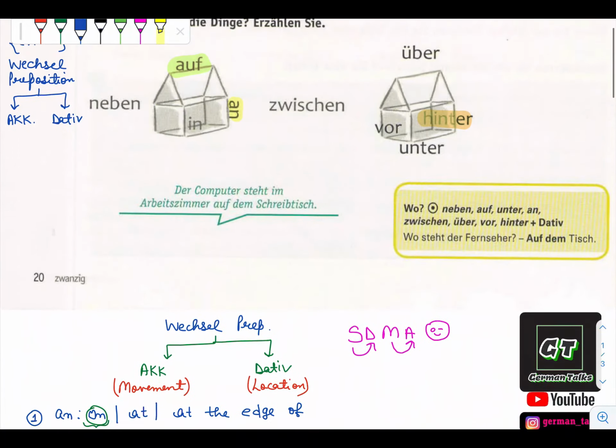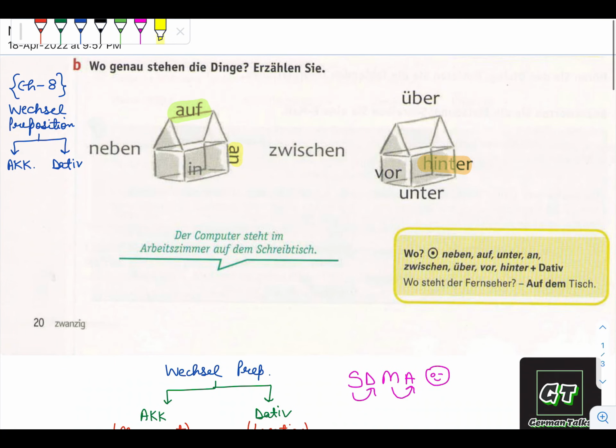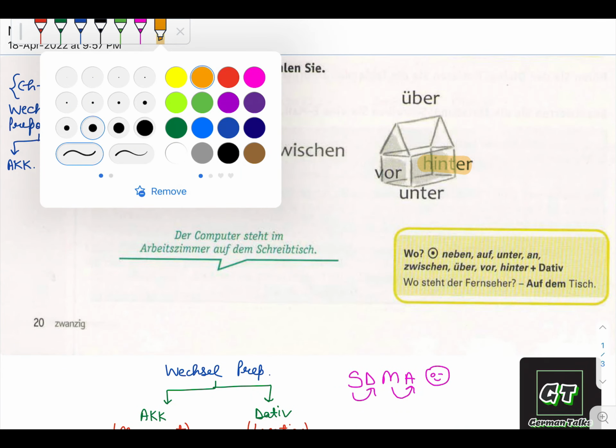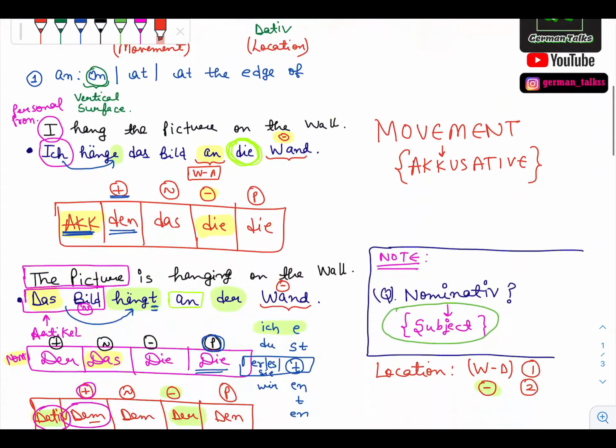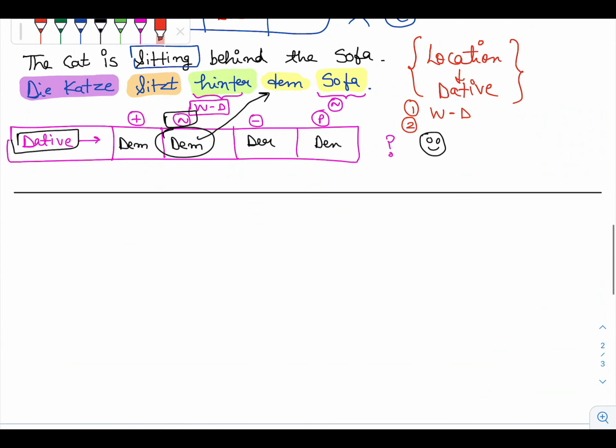Next is, we can take this one, unter. What can be the meaning according to you, according to the picture?